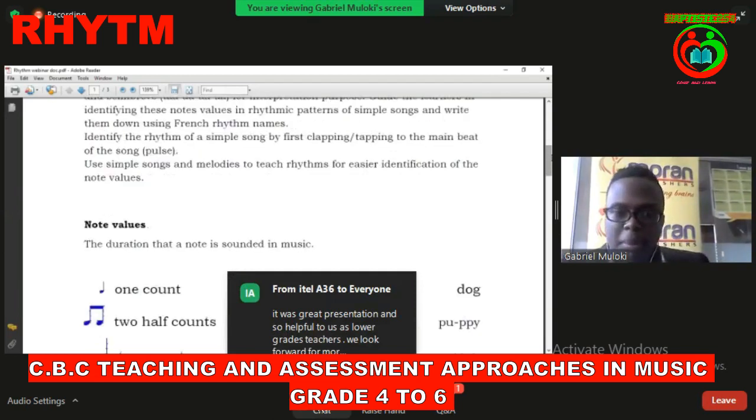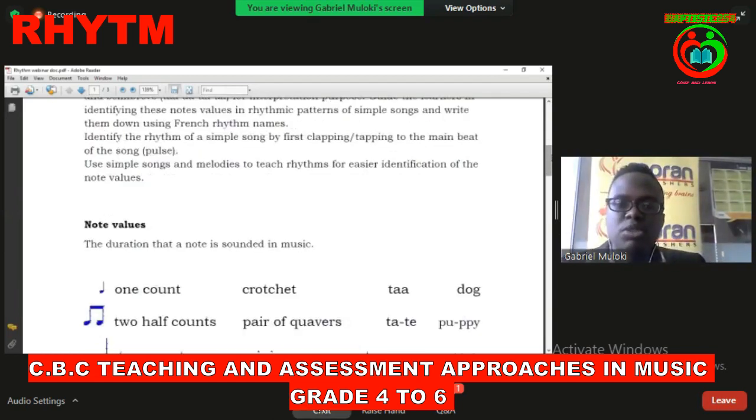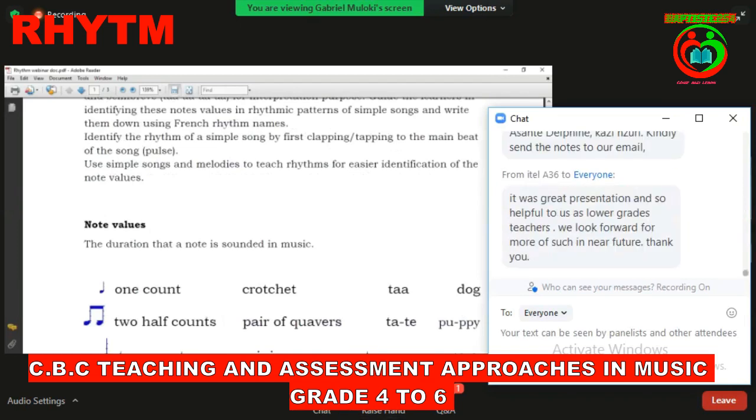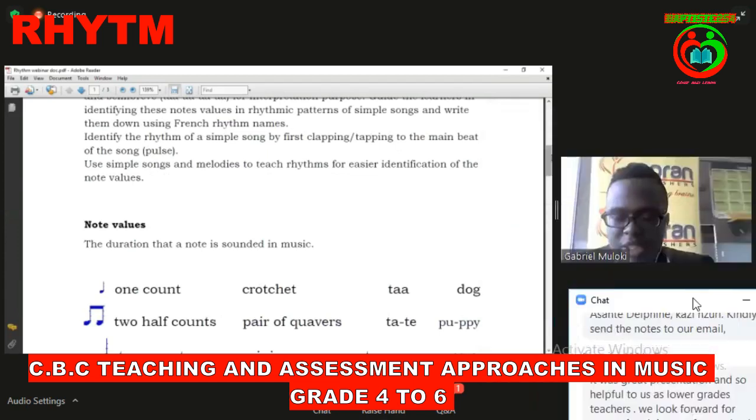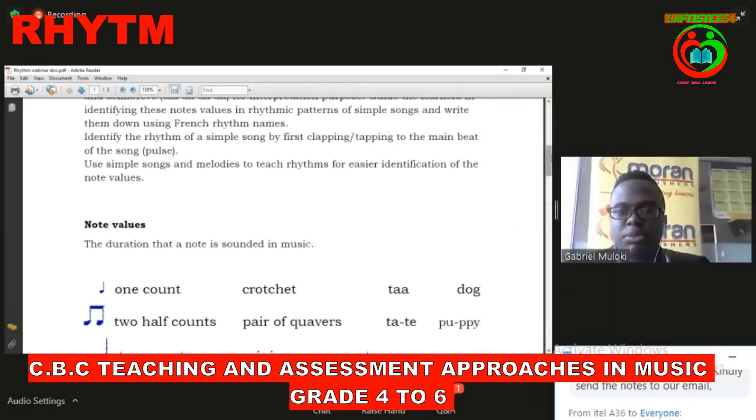In the upper primary, we will also be required to learn the note symbols of these French rhythm names. They include the crotchet, the pair of quavers, the minim, the dotted minim, and also the semibreve.